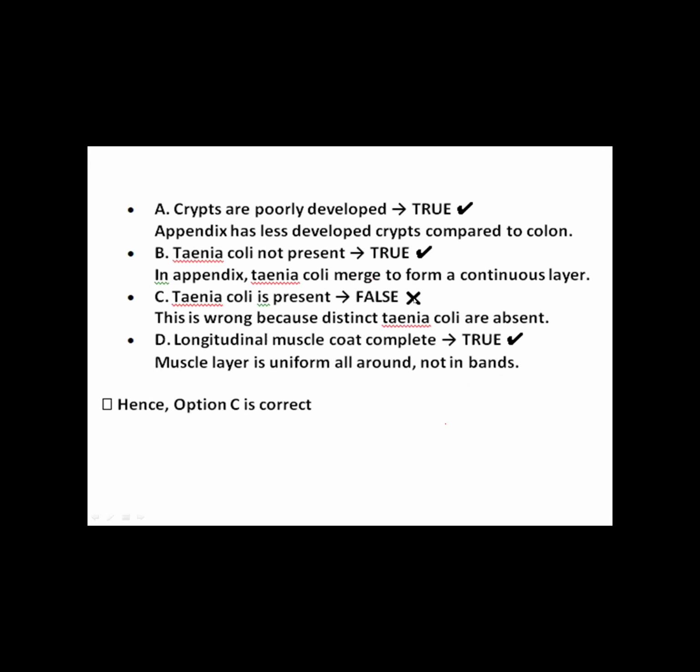They help in movement of the content in the large intestine and form sac-like pouches called haustra, if you know this, right? So what would be the correct answer? Crypts are poorly developed, that is also correct. Tinea coli not present, that is true. Tinea coli present, that is false. So option C, Tinea coli is present, that is false, right?